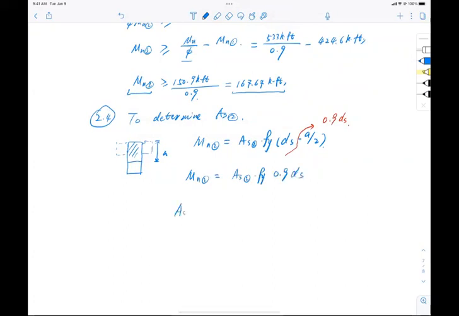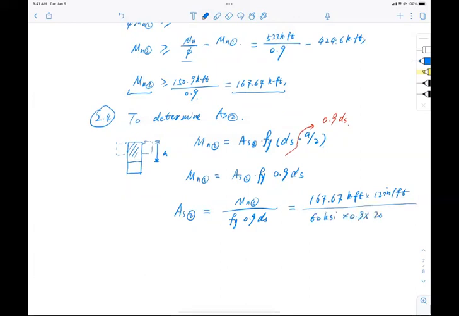So AS2 has to equal Mn2 divided by Fy times 0.9 ds. You bring the numbers in: 167.67 kip-feet, convert everything to inches, 12 inches per foot, then divided by 60 ksi, and 0.9, and ds is 20 inches.